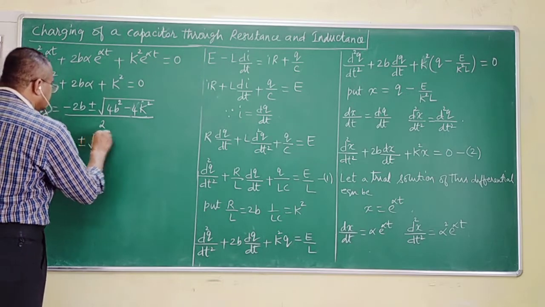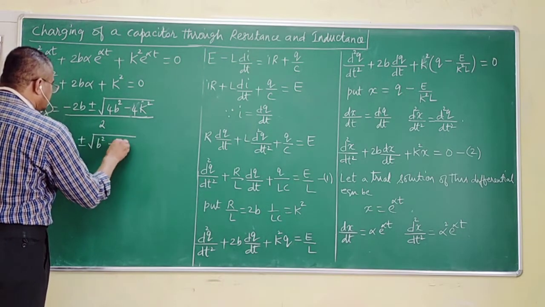Plus or minus under root of b squared minus k squared.